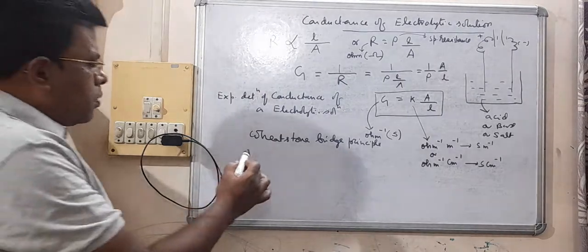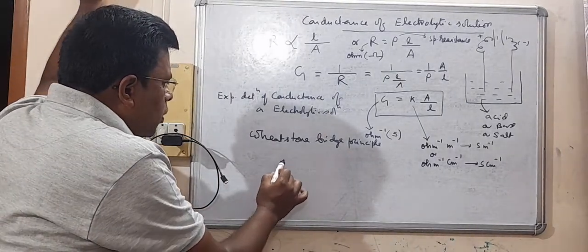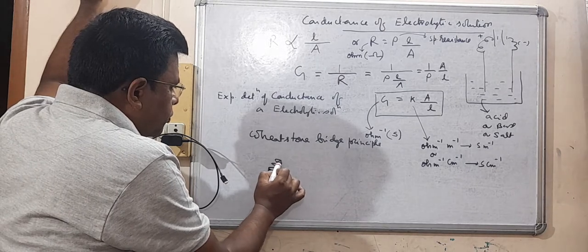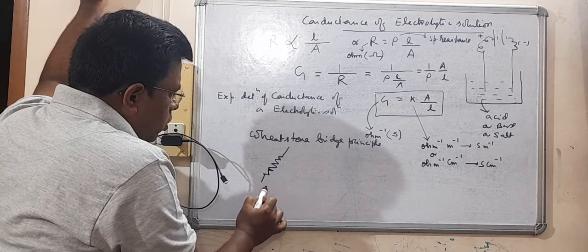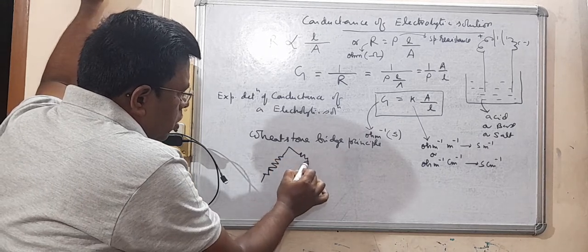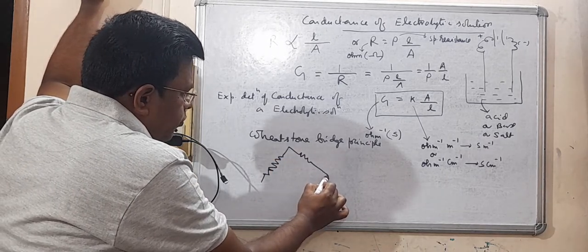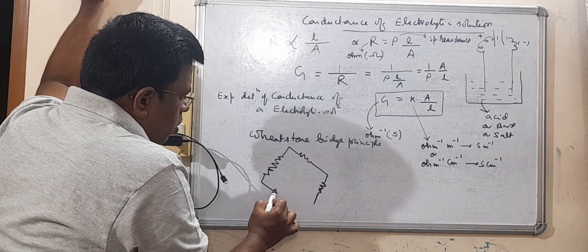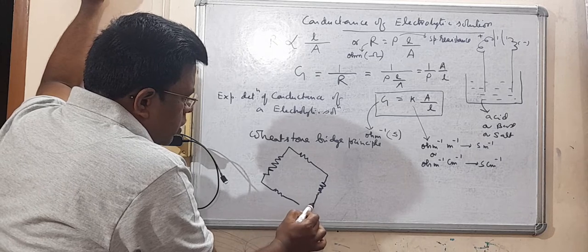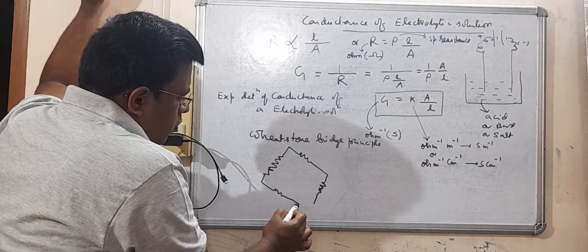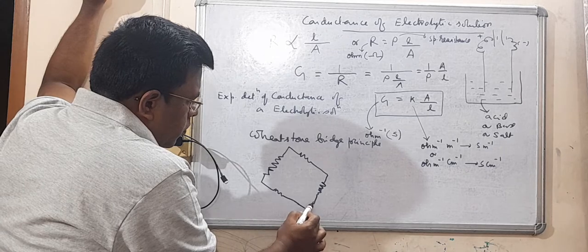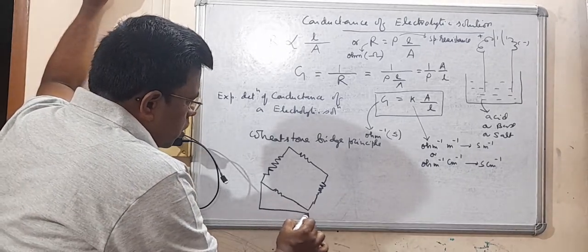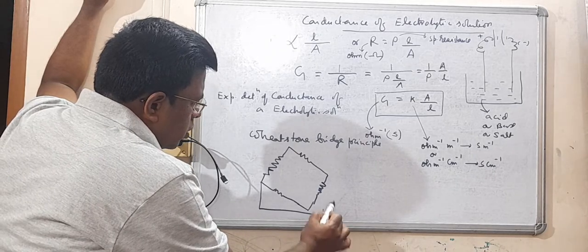So in the Wheatstone bridge principle, we have 4 resistors. One, 2, 3, we have 4 resistors. And it's connected to a source of current.